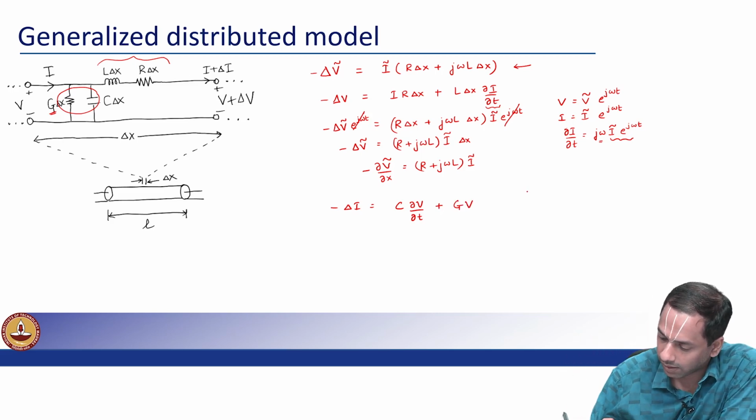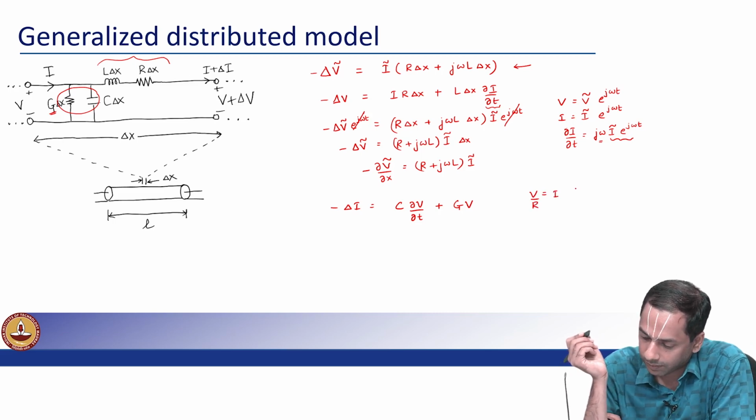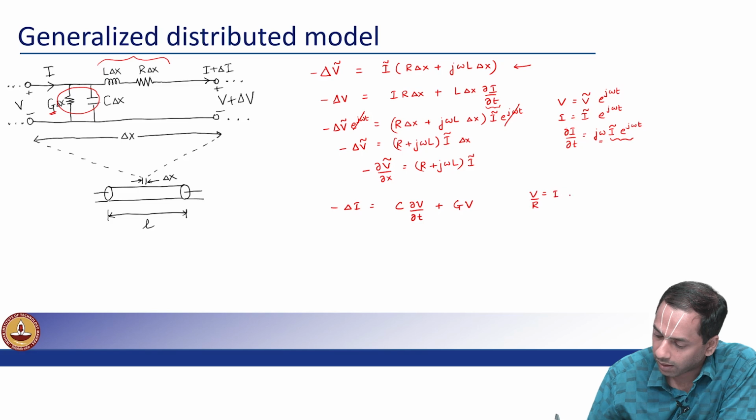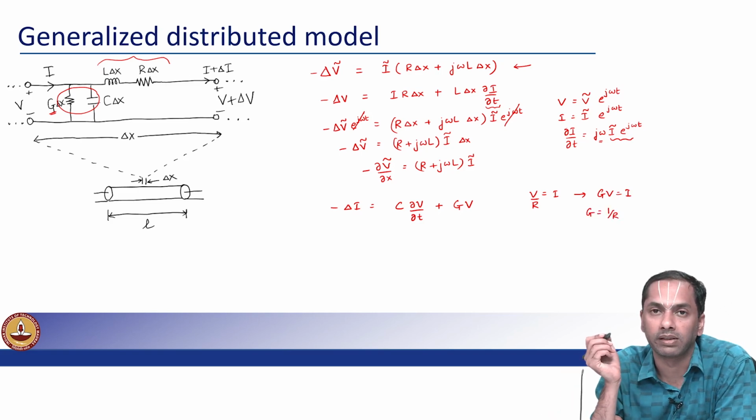So this is just writing Ohm's law. V by R is I, so 1 by R can be written as G. So 1 over the resistance is the conductance G.